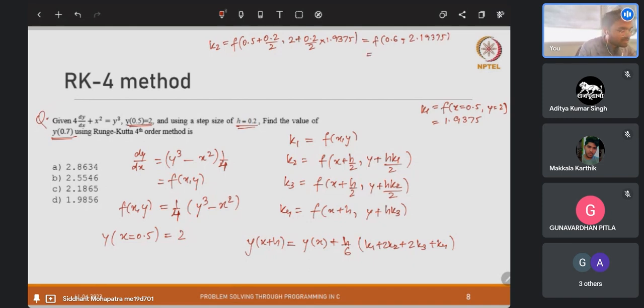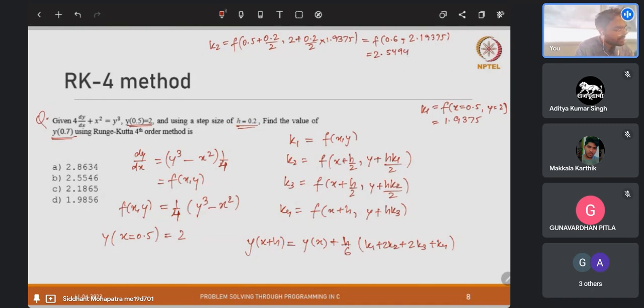How much is this? If you calculate, it is y cube minus x square, which is 0.6 square, whole divided by 4, which is 2.5494. We have four digits there, so we write till four digits.